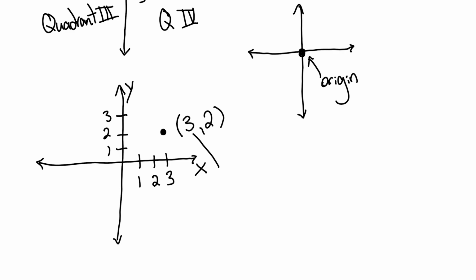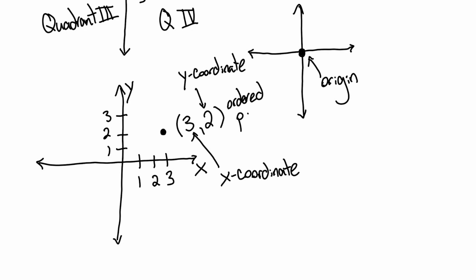So the first number we call the x coordinate because this is the number that corresponds to the x-axis. And the second number we call the y coordinate. And together we refer to this as an ordered pair.